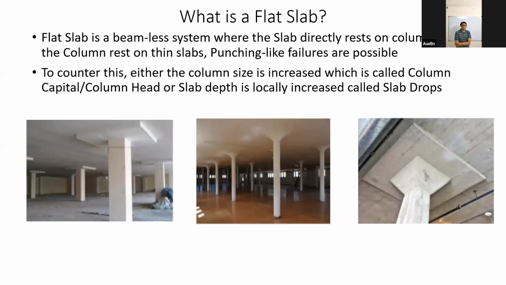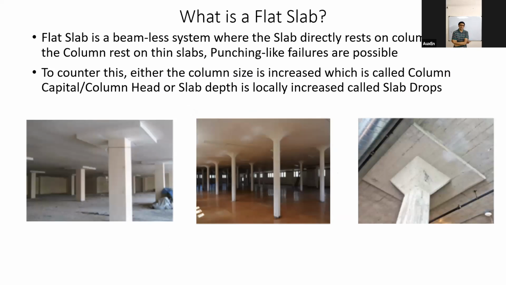As I have just mentioned, in the next slide, what are flat slabs or flat plates? They are beamless systems where your slab directly transfers its load to the columns. Now, since my slab is directly transferring its load to column, what is happening? In the case of your normal conventional slab system, we had the load transfer going through the beams.